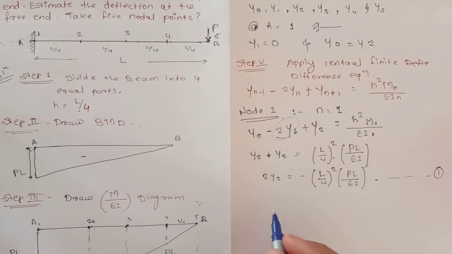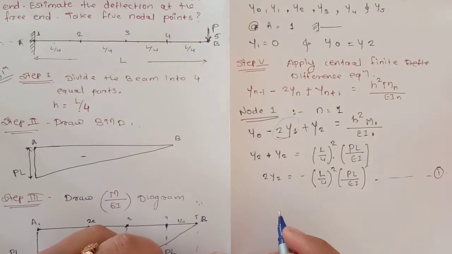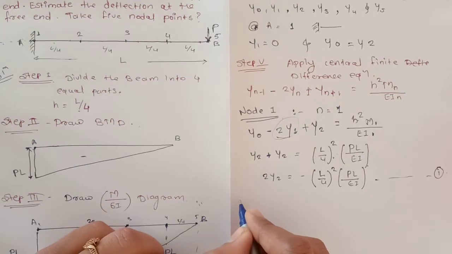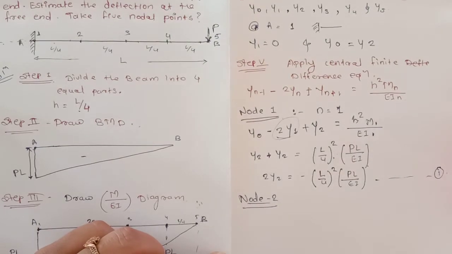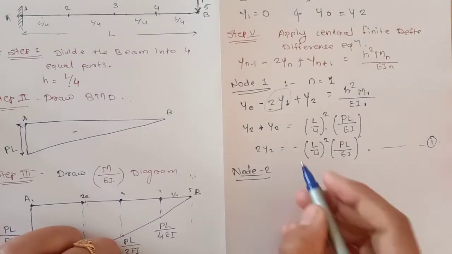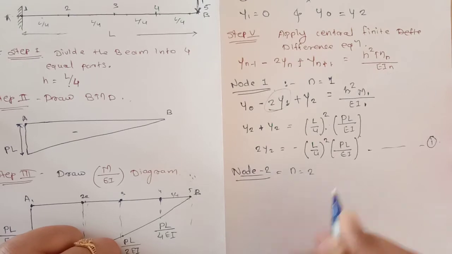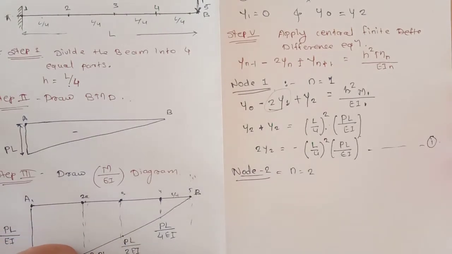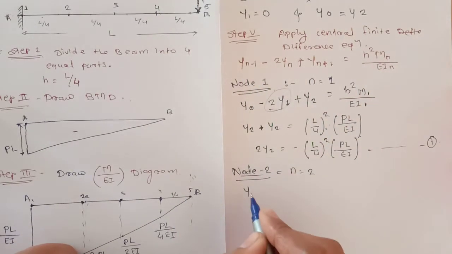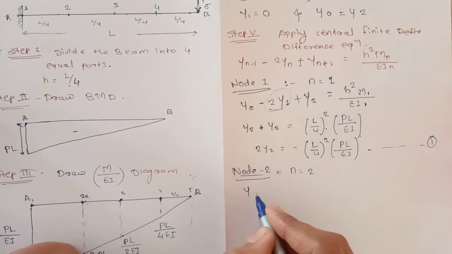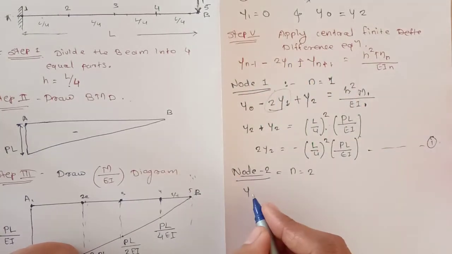Then next take nodal point second, that means n is equal to 2. Then next put all this value in this equation. So first y base to n, n is 2, 2 minus 1 is equal to 1.